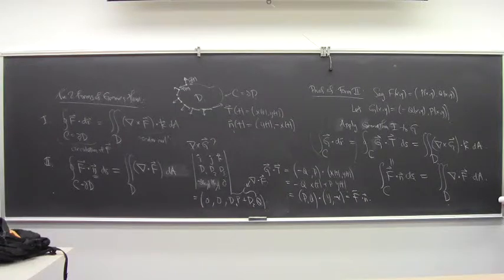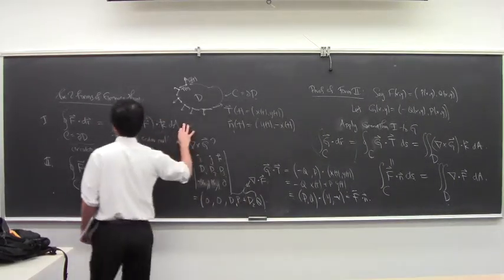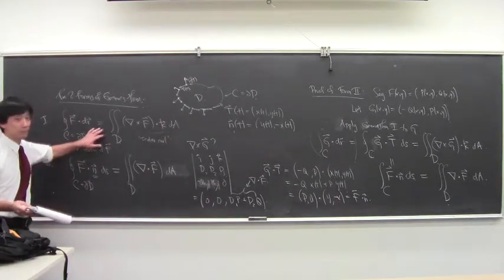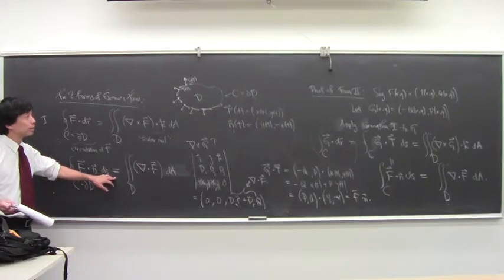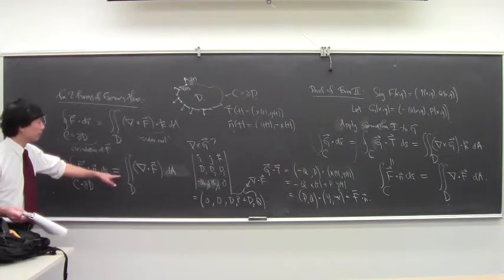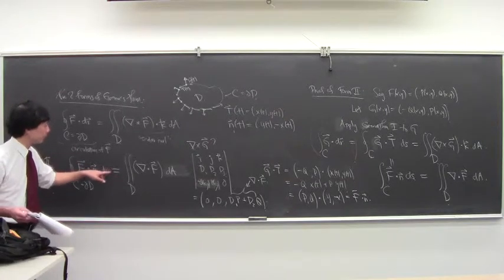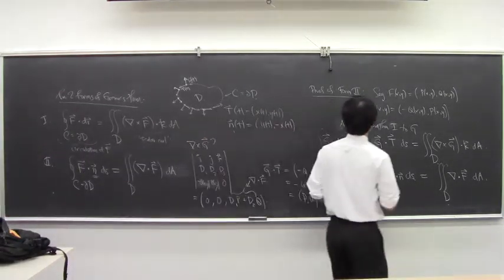Okay. Any questions about that? Any questions? Ask if you have any questions. Anything confusing? Right. We already showed this one, or at least we gave some idea as to how it works. We're wondering why this one is true. We say, okay, well, let's see if we can show that flux is equal to the integral of the divergence.